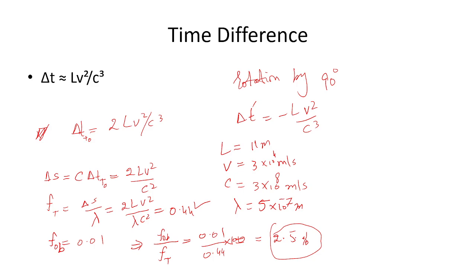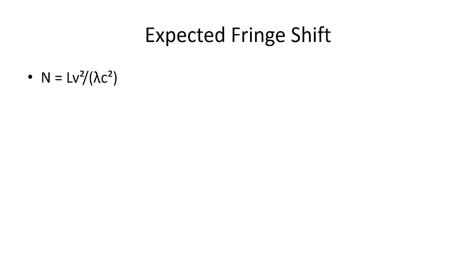But this is 2.5%, which is a very small percentage between the observable and predicted value. So this experiment proves that there is no ether, which is the medium of light. So the ether concept is washed out after this experiment.